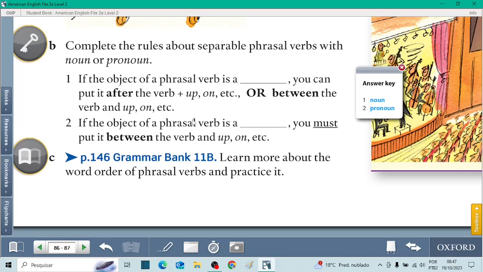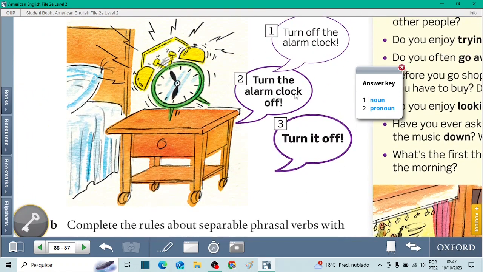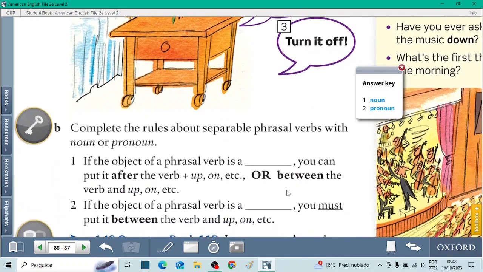Or between the verb and up, on, the particles in general, okay? So if the object is a noun, like in the case of the alarm clock, you can put it after the phrasal verb or put it between the phrasal verb, okay?